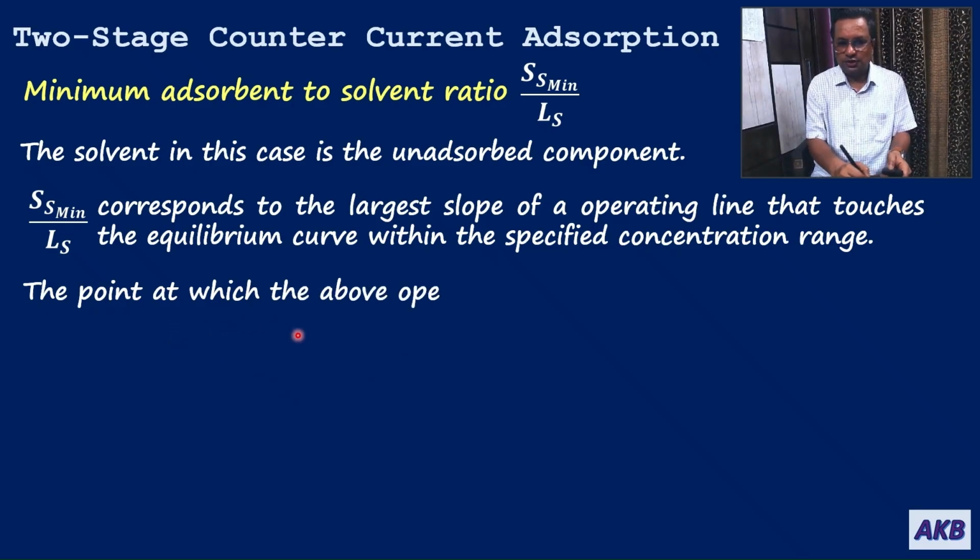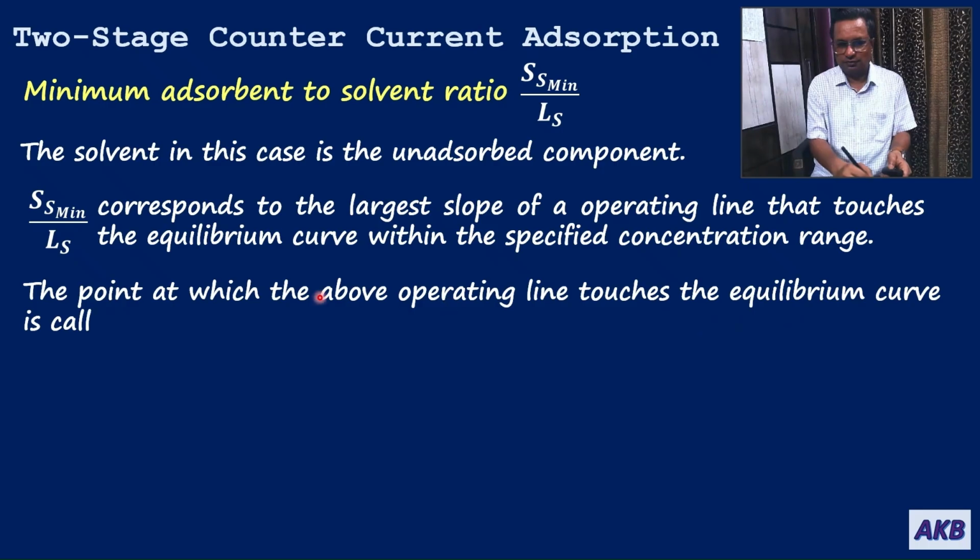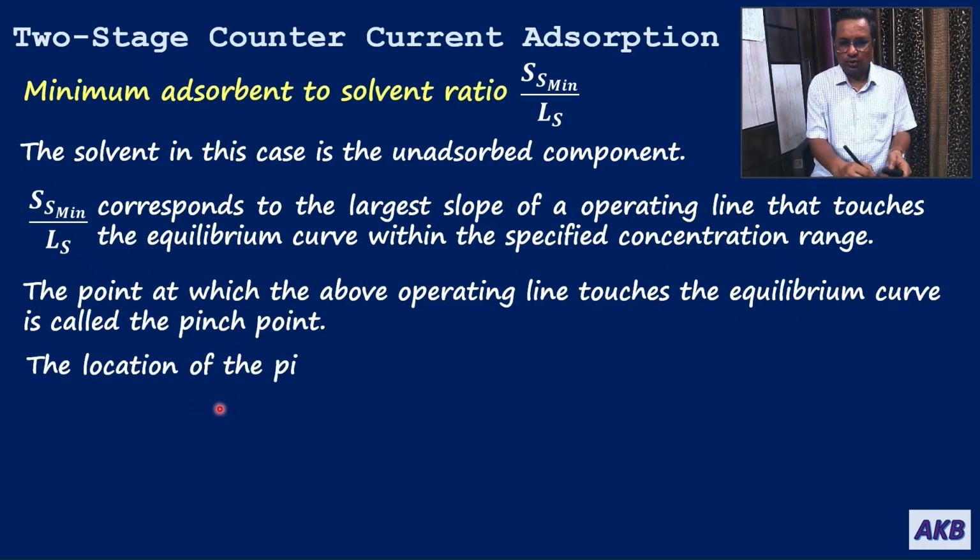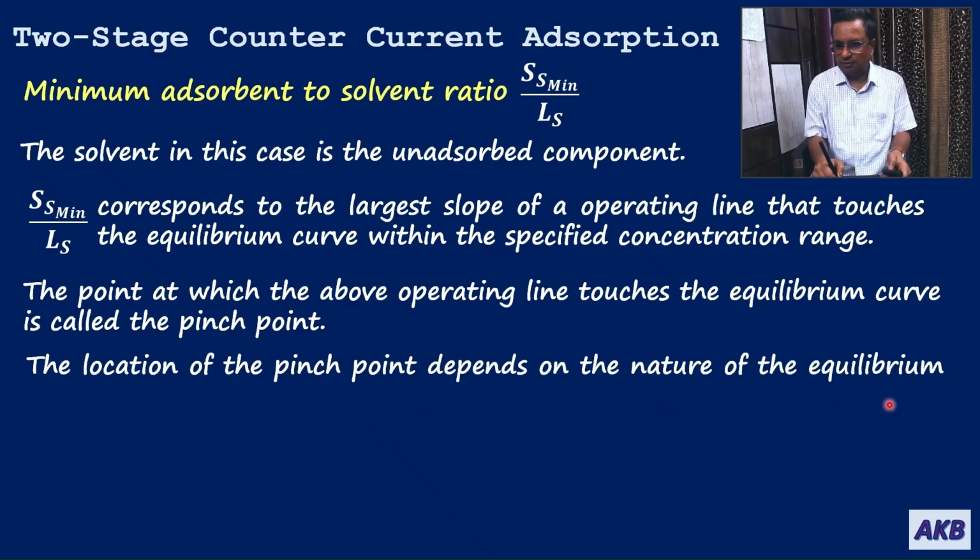Now the point at which the above operating line touches the equilibrium curve is called the pinch point. And the location of the pinch point will depend on the nature of the equilibrium curve.